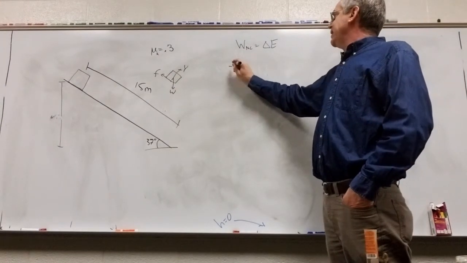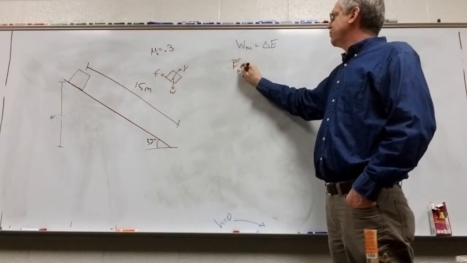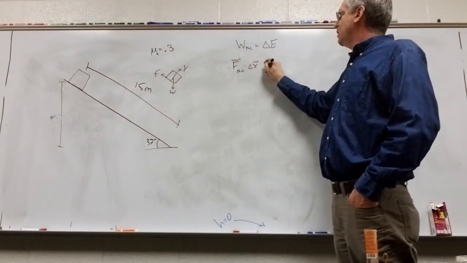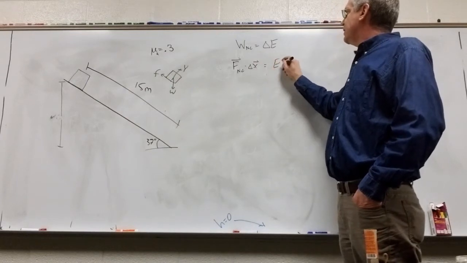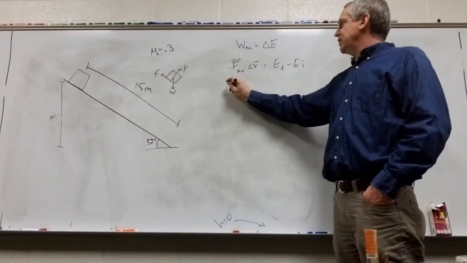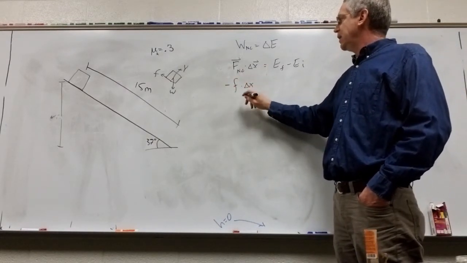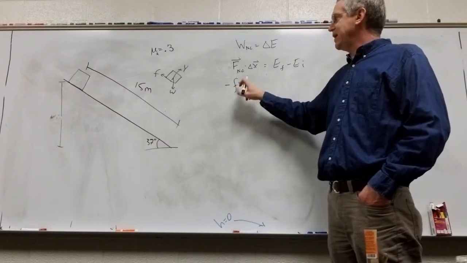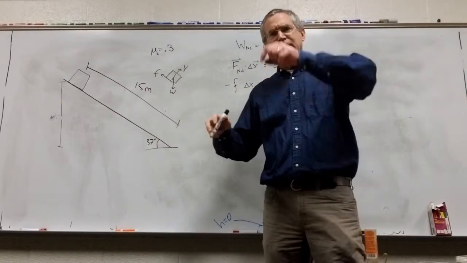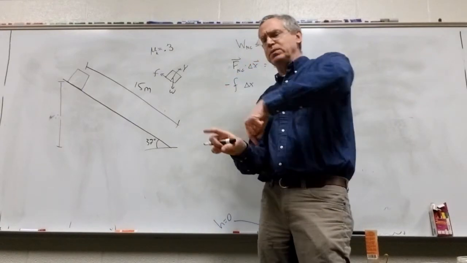And so we have the non-conservative force dot delta x is equal to E final minus E initial. This is negative friction times displacement, times the distance it actually travels. I've already taken the vectors into account: it's moving this way, but the force is that way, in opposite directions, 180 degrees between them.